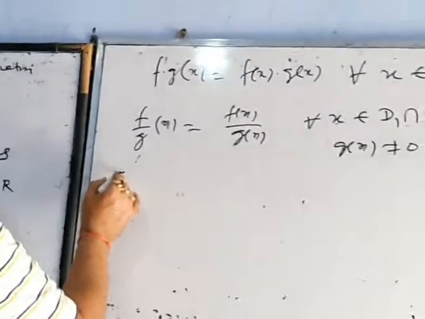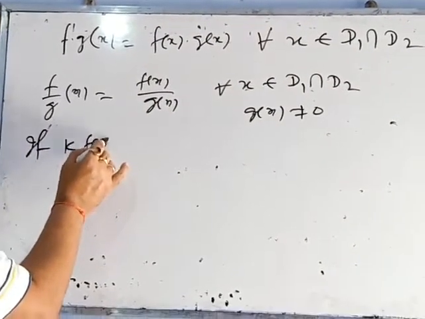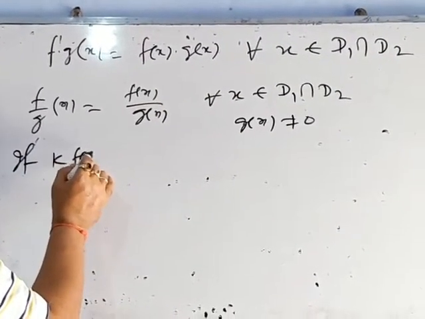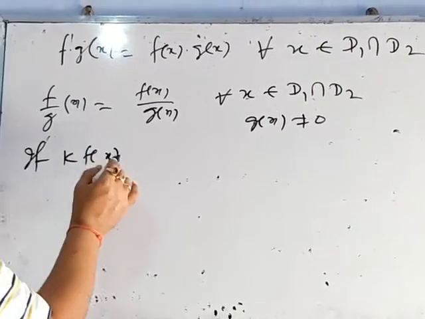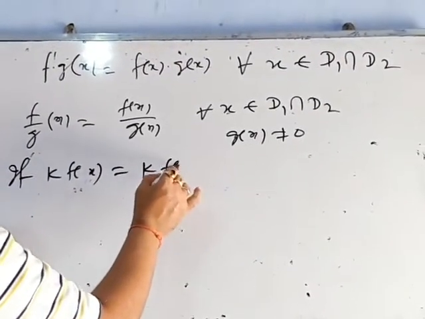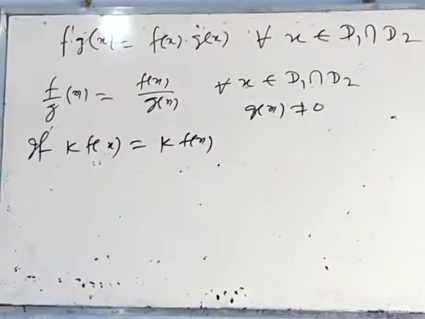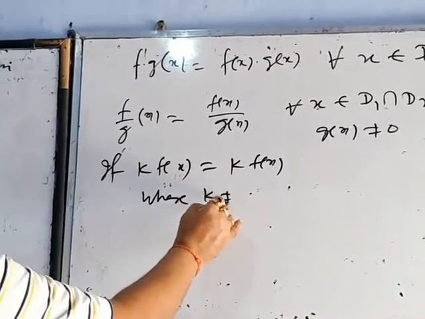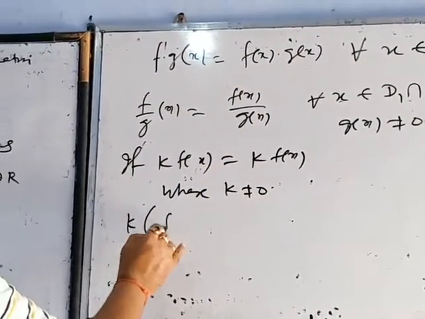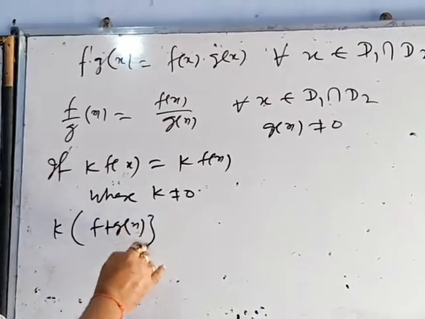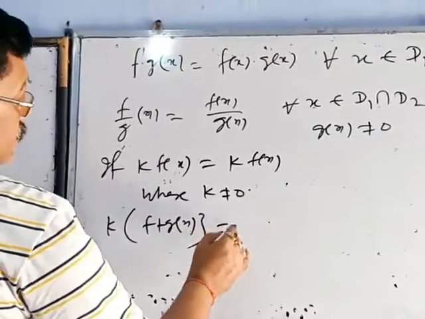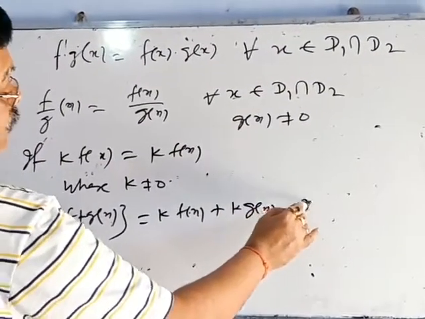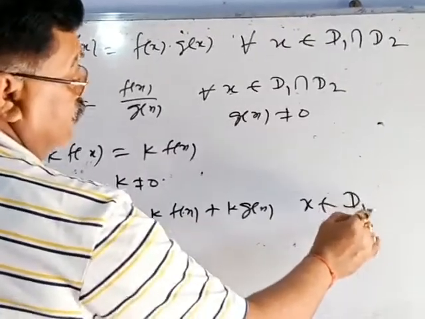Here also, (k into f)(x) is equal to k into f(x), which is k f(x), we can write, student. So also, where k is not equal to 0, k into (f plus g)(x) is equal to k f(x) plus k g(x), x belongs to D1 intersection D2.